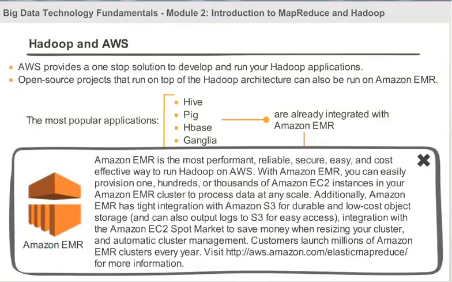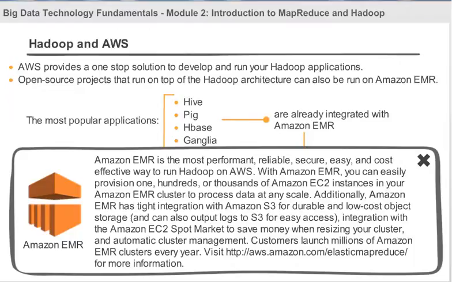Amazon EMR is the most performant, reliable, secure, easy, and cost-effective way to run Hadoop on AWS. With Amazon EMR, you can easily provision one, hundreds, or thousands of Amazon EC2 instances in your Amazon EMR cluster to process data at any scale.